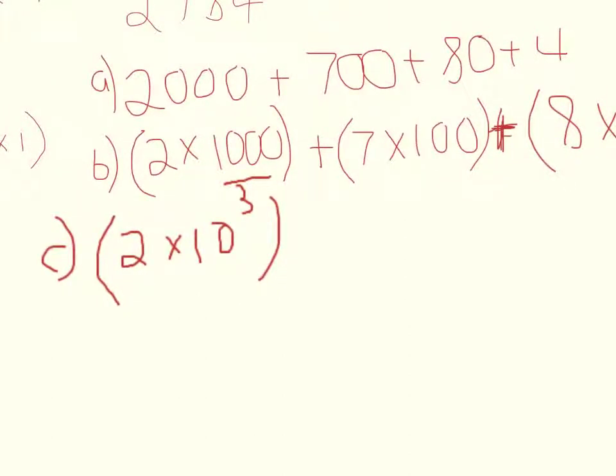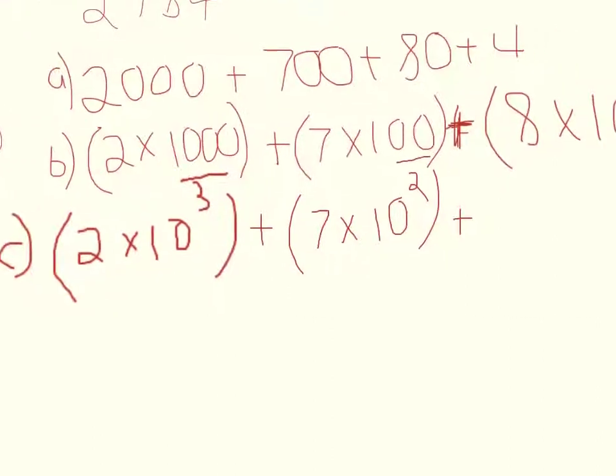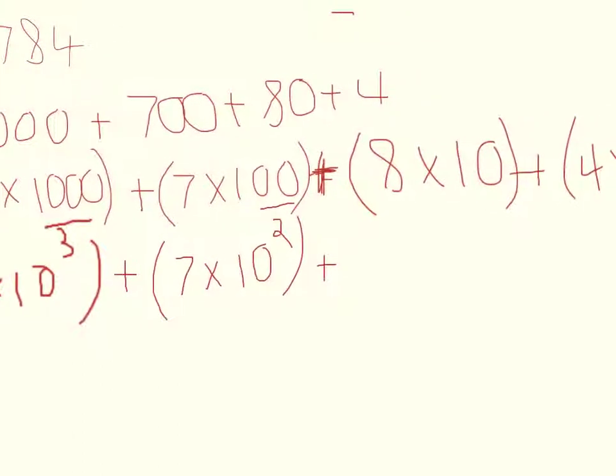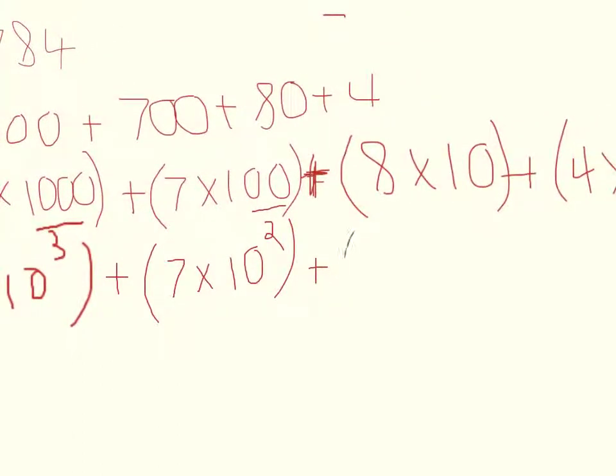Let's do that with the next one. It's the sum of, so plus, then we have 7 times 10 to the power of, let's count the zeros, 1, 2. Plus, and so on, until we get to the 8 times 10, with no exponent.